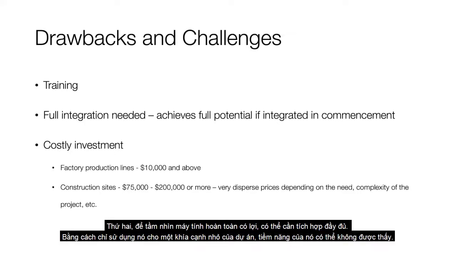And for computer vision to be truly beneficial, we may have to fully integrate it. I mean, if you use it only on a small portion of a construction project, you may not gain the benefit you expect it to give.